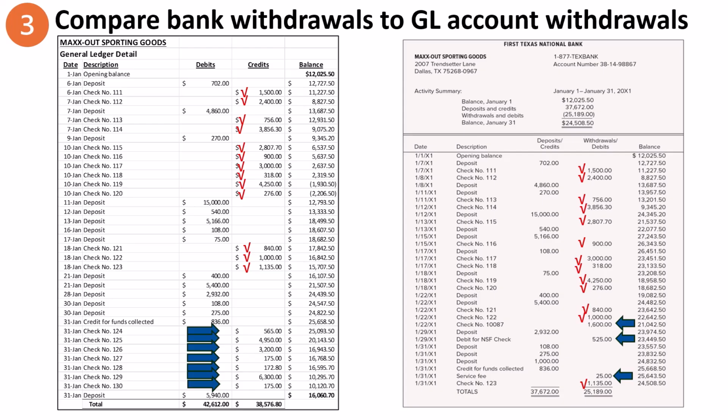Next, let's look at the items that appear on the bank statement but cannot be found in the company's records. The first item is a withdrawal of $1,600 dated January 22nd and identified as check 10087. This check number does not follow the numbering sequence used by Max Out Sporting Goods, which suggests that it does not belong to the company.